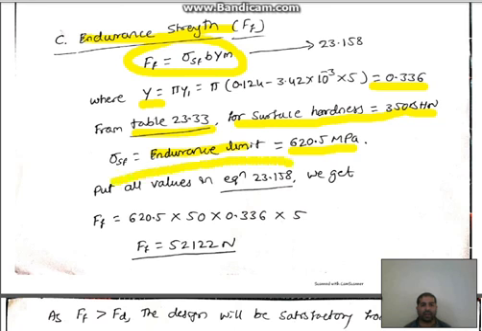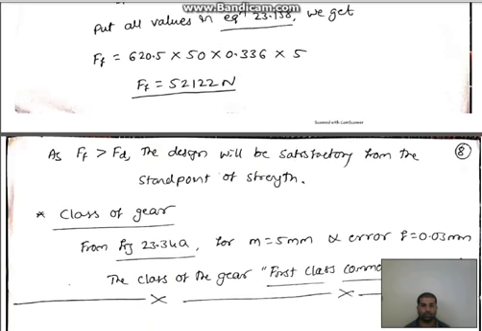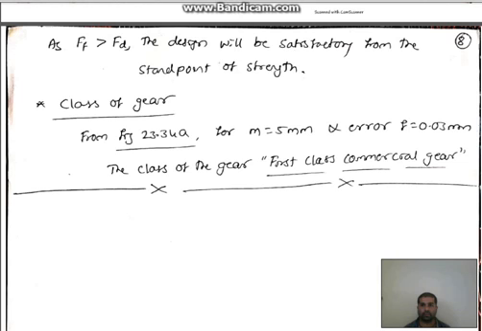Put all these values in the equation number 23.158. We get the value of endurance strength. As endurance strength is greater than the dynamic load, the design will be satisfactory from the standpoint of strength.